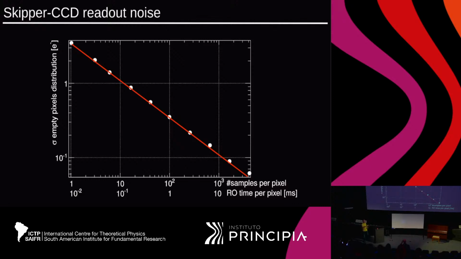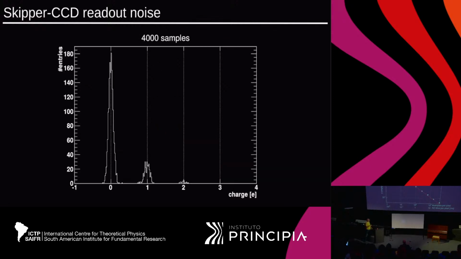And what you see is that this follows pretty much that prediction, that is the optimal, until here where you start to have some deviation. But this means that we are at the theoretical limit of what these things can do. You cannot do better than this. There is nothing to gain by using fancy techniques of data processing.